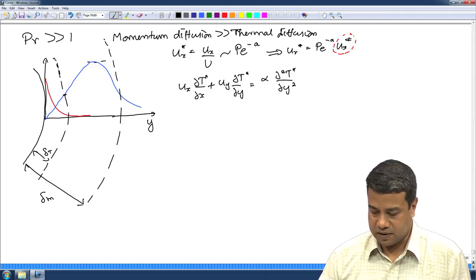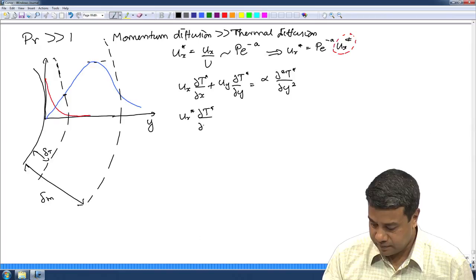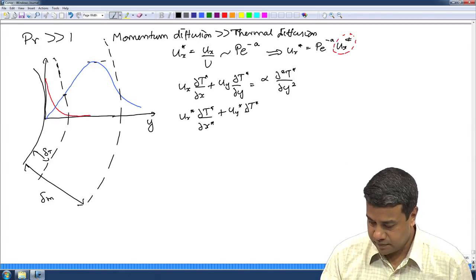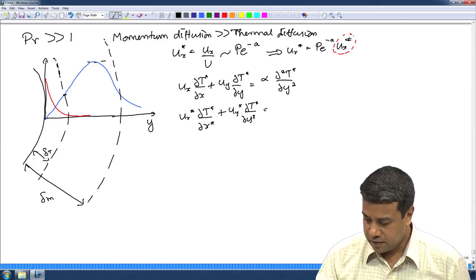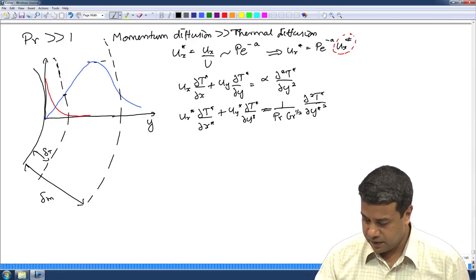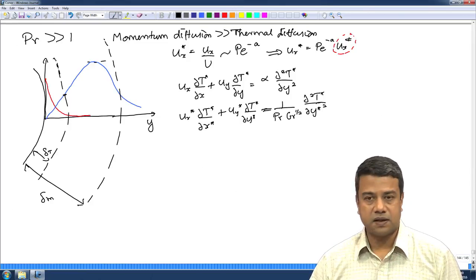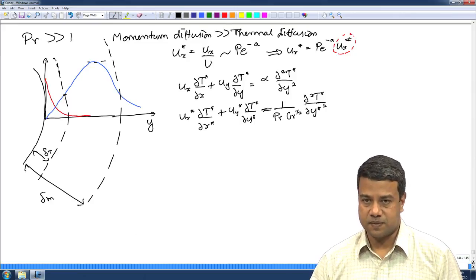Expressed in terms of the scaled coordinates, what I had got was that ux is equal to 1 by Prandtl number Grashof number to the half. Okay. Here I have neglected streamwise diffusion in comparison to cross stream diffusion, because I expect the boundary layer thickness to be much smaller than the characteristic size of the object L.